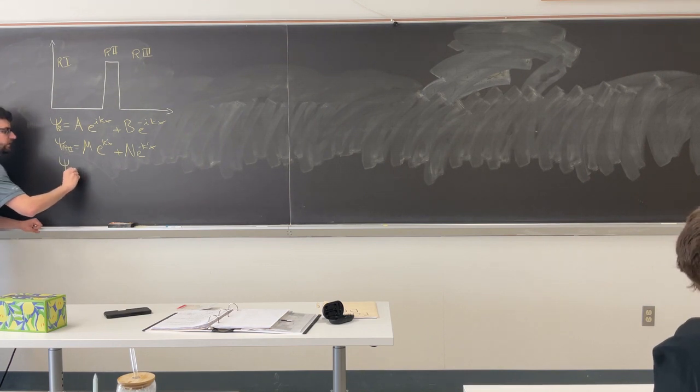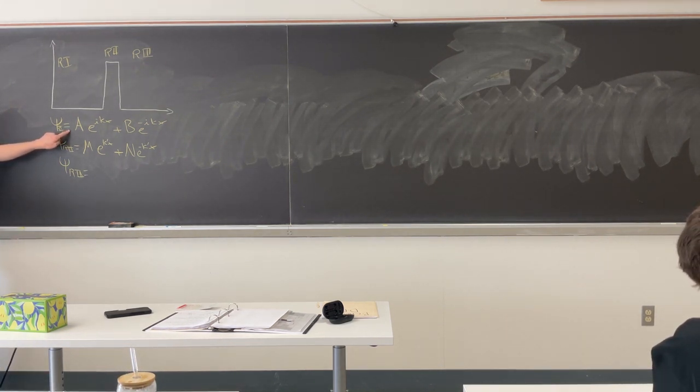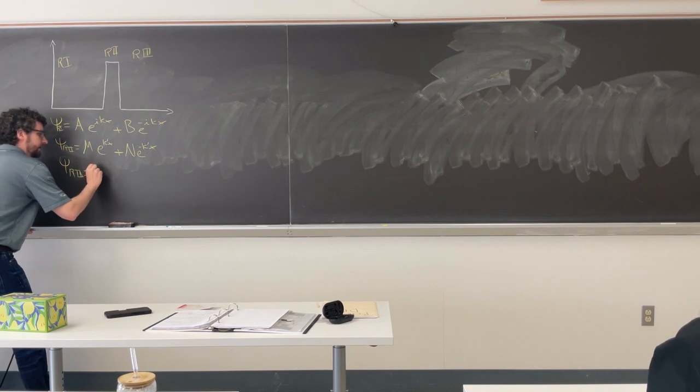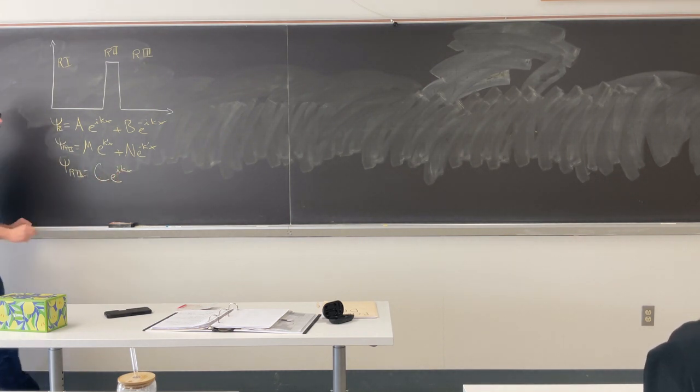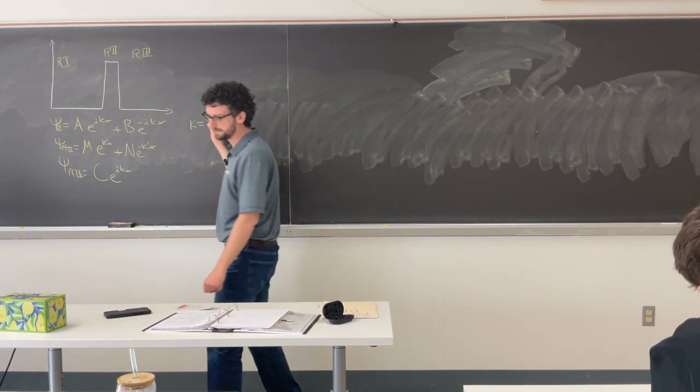In region 3, we distilled down, right? So instead of looking exactly like region 1, where the particle can go back and forth, what did it look like? Yep. So we had C e to the ikx. And then we defined these k's because they were just a collection of constants.